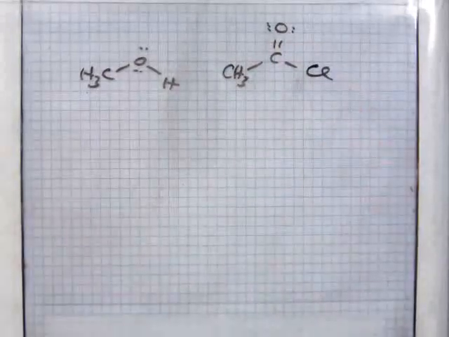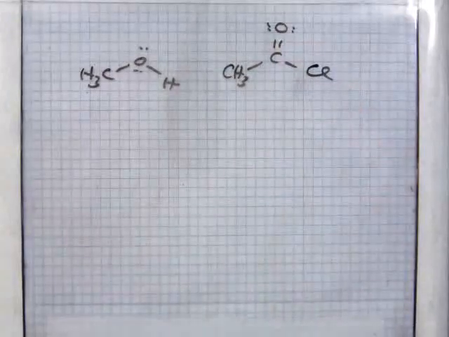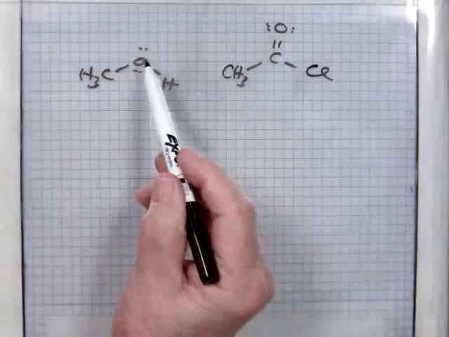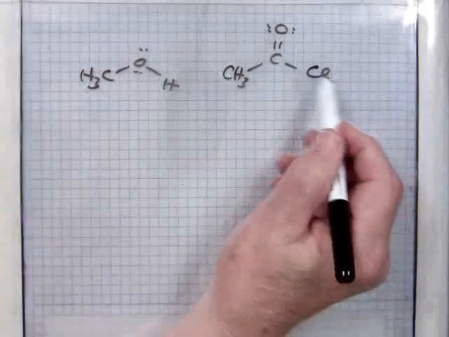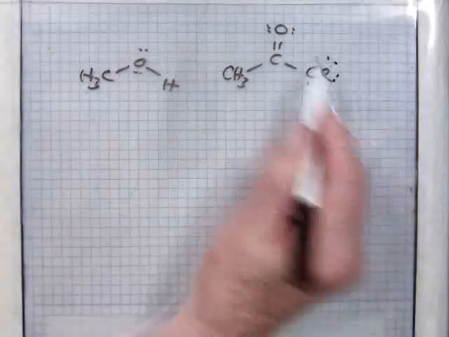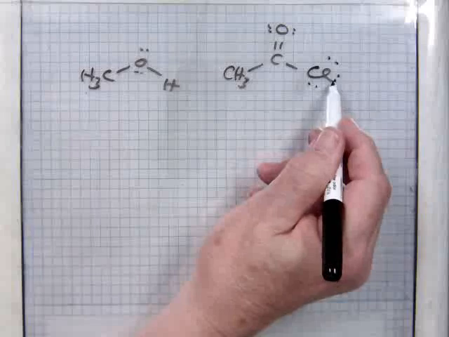Now what do you see in terms of the structures? Well, I've got a molecule which contains an oxygen in it. And then I've got a molecule that contains a highly electronegative fragment over here.